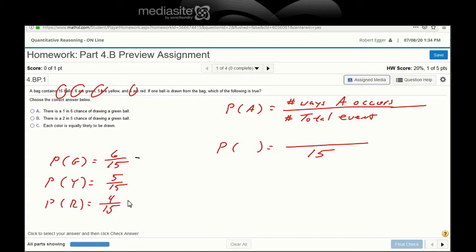Now this reduces down to 3/5, 1/3, and 4/15. So green has 3 in 5 chances, yellow has 1 in 3 chances, and red has 4 in 15 chances.